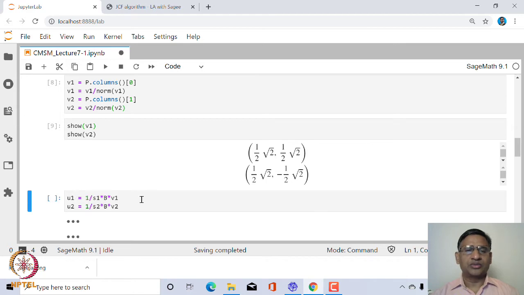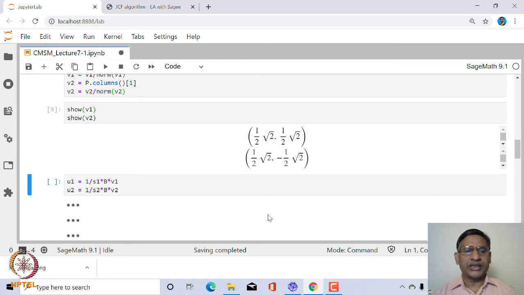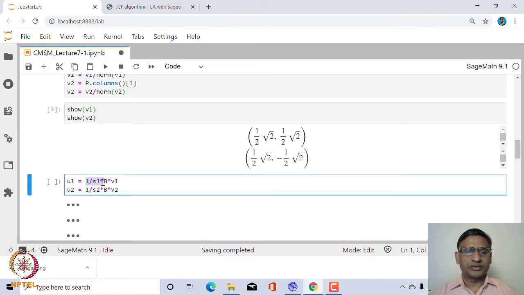Right. Now once we have got V1 and V2, we can define U1 and U2 of the matrix U. U here is going to be a 4 cross 4 matrix. So U1 will be 1 upon sigma 1, which is S1 here, so 1 upon S1 times B times V1.